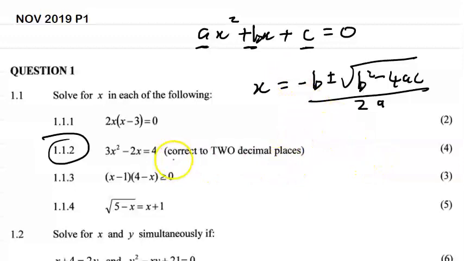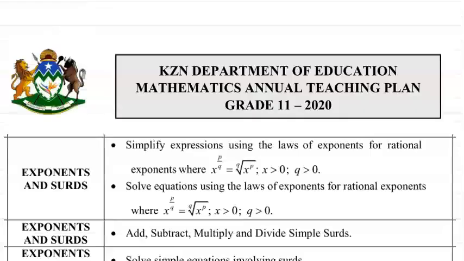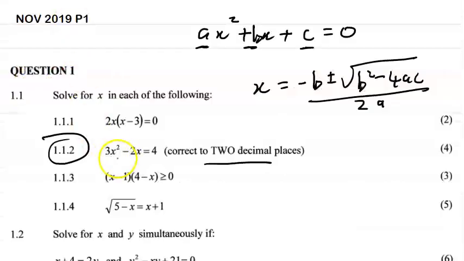Now let's go and have a look at this particular question. So we've got 3x squared minus 2x equals 4. Correct to 2 decimal places tells us that we must use the quadratic formula. Right, so let's write that down. 1.1.2, and let's look at the 3x squared minus 2x.